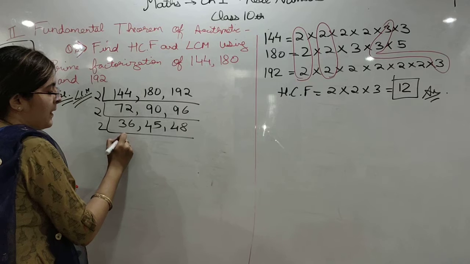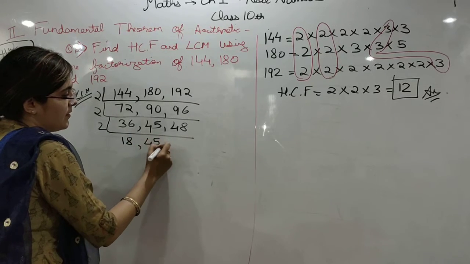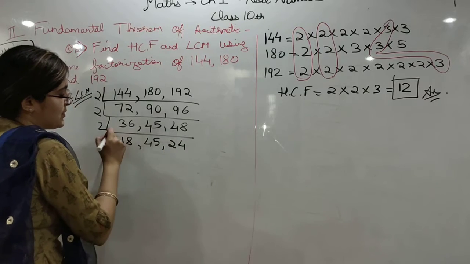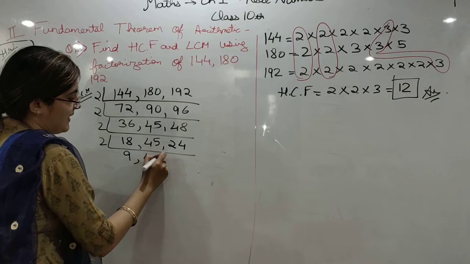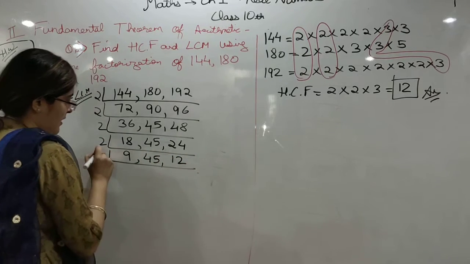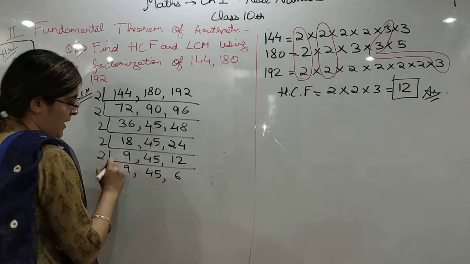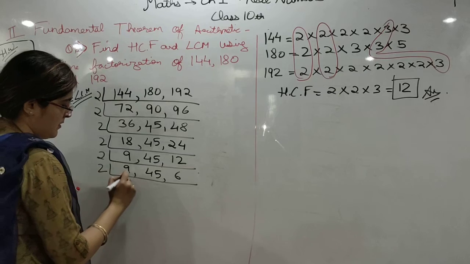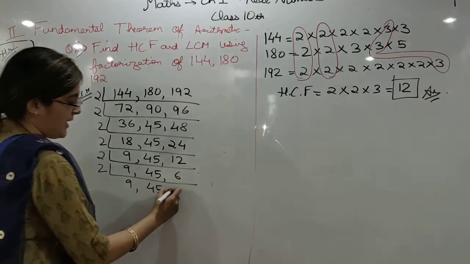Again 2. 2 ones are 2, 2 eights are 16, 2 twos are 4, 2 fours are 8, 2 nines are 18, 2 ones are 2, 2 twos are 4. Again we'll use 2. 2 sixes are 12. 9 and 45 will be written the same.